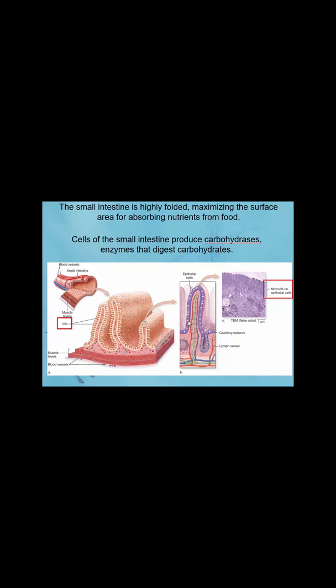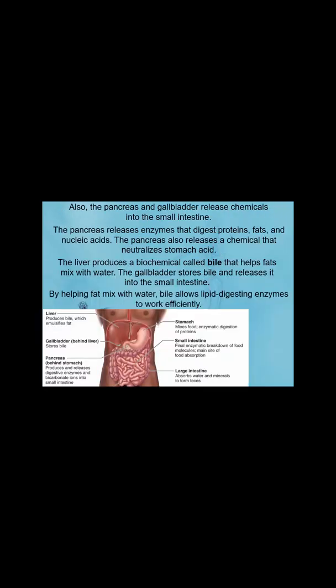There are goblet cells in there that help secrete mucus so that the food continues to move along. And then there's a diffusion of nutrients into these blood systems, or capillary networks inside the villi. Pancreas, gallbladder release chemicals.